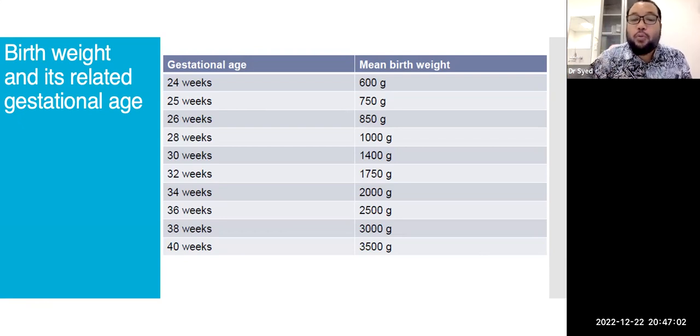If you go to more developed countries, macam Canada, macam Japan, they are taking now 22 weeks. Babies born more than 22 weeks, they resuscitate. So Malaysia kita still far lah. We don't have enough neonatologists, we don't have enough neonatal ICU beds and so on and so forth. So it's still a long way to go for Malaysia.